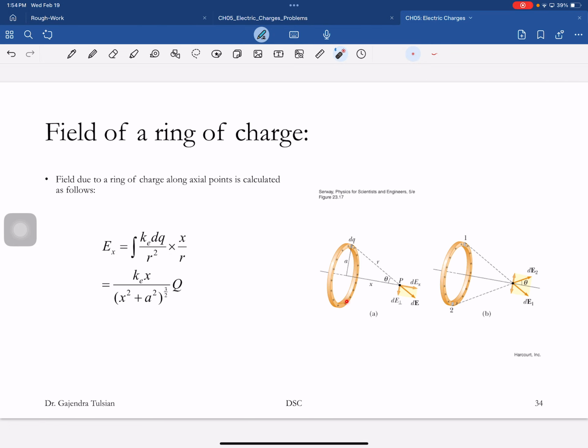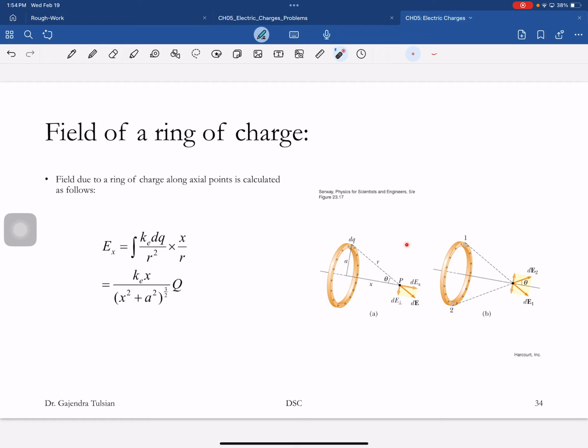Here's a ring of charges, evenly spread, and if the total charge is Q, this portion has an electric field like that, and this portion will have an electric field like that. If you go along the axis, the electric field is along the axis. This is a very contrived situation. For a ring of uniform charge, we give you an expression for the electric field along the axial points.